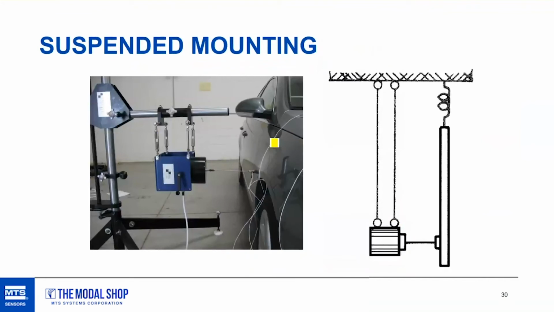In the next slide, we are seeing an example of a suspended mounted shaker, which, this kind of configuration, allows us to easily apply some lateral input into a structure. In this particular example, I'm pushing against the structure, so everything is in a free condition.